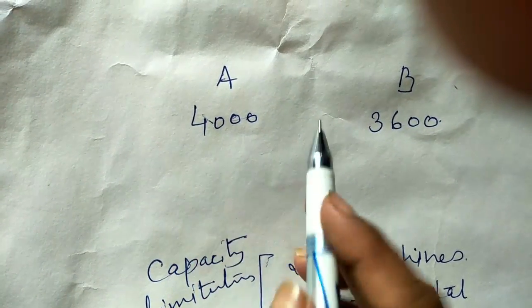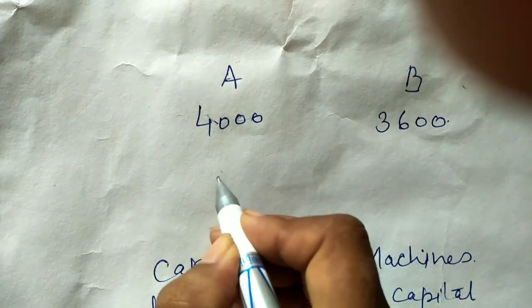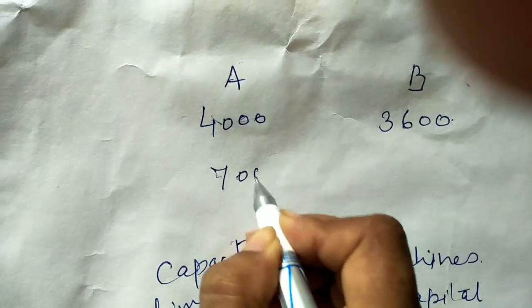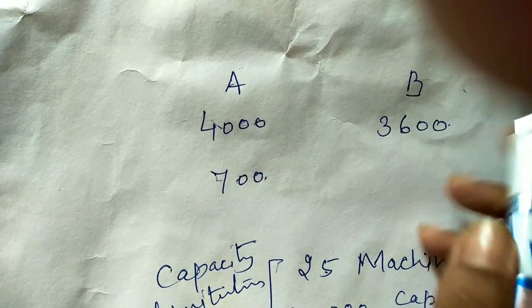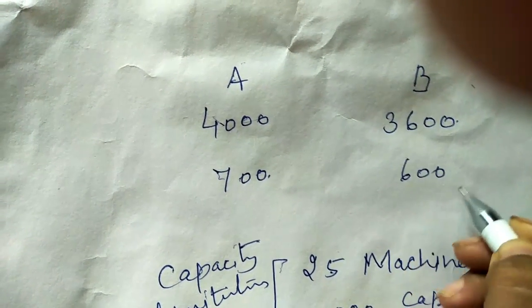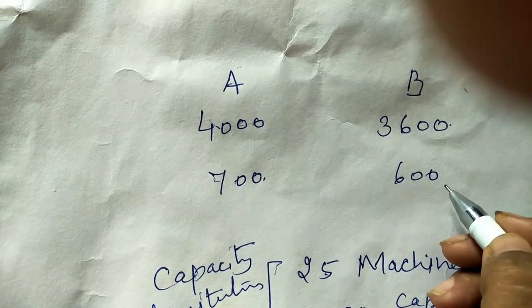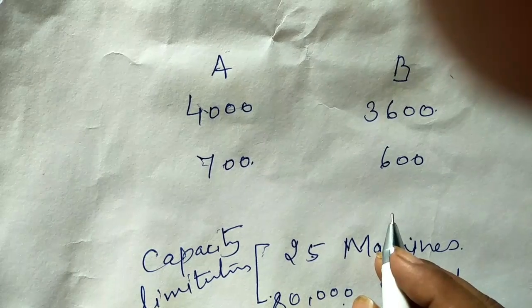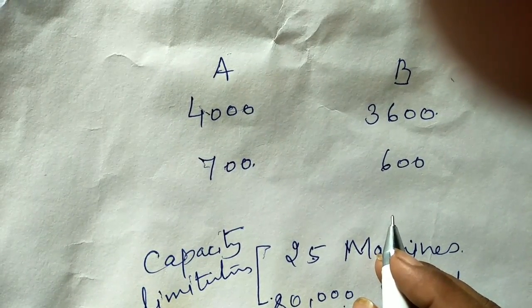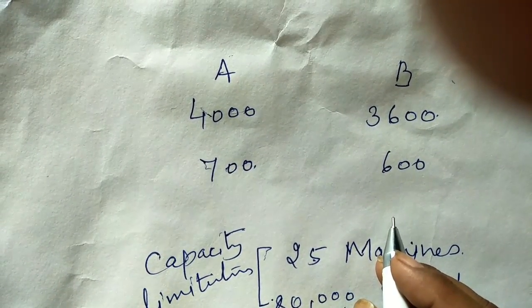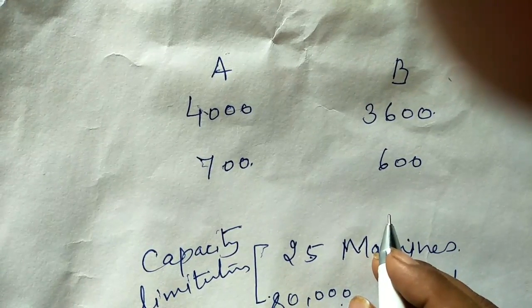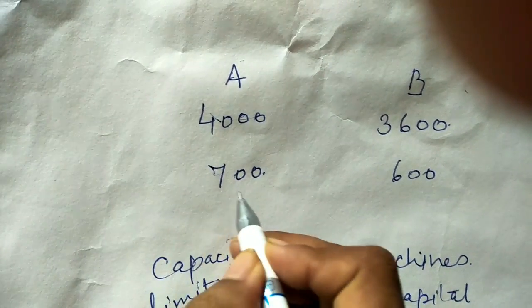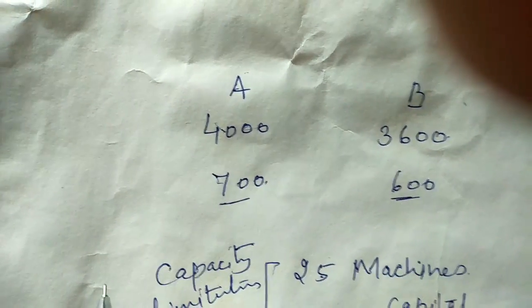Now the profit per unit of A is 700 and the profit per unit of B is 600. We have to determine how many machines of type A and type B should be purchased to have the maximum profit. That means we have to maximize this profit.